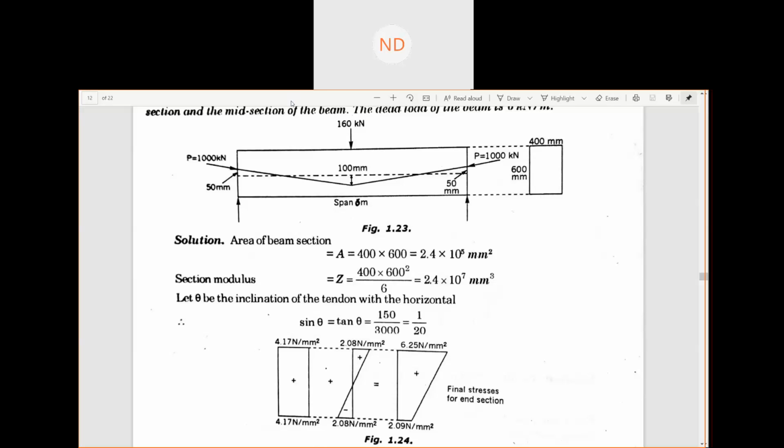We now know the bending moment due to the dead load, due to the point load, the total moment we know, Z we know, A we know, tan theta we know. So it is easy for you now to find out the stresses at the midspan section, P by A.